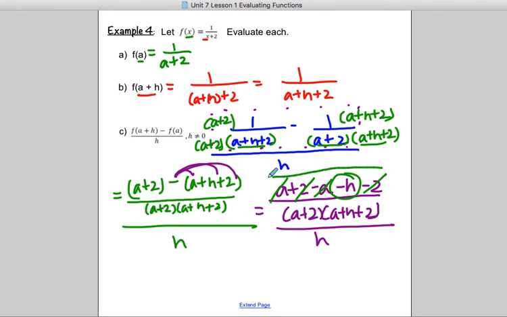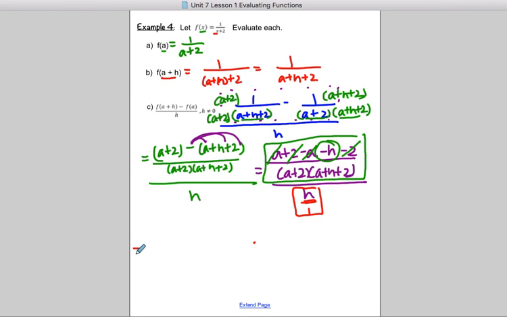So here is my top fraction, and essentially this bottom one is my bottom fraction. I'm going to think about it as h over 1. If you have a fraction being divided by another fraction, really what you do is you multiply by its reciprocal. So I'm going to rewrite my first fraction. We got negative h, then we got a plus 2 and a plus h plus 2.